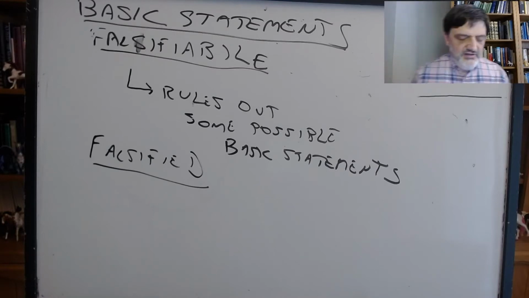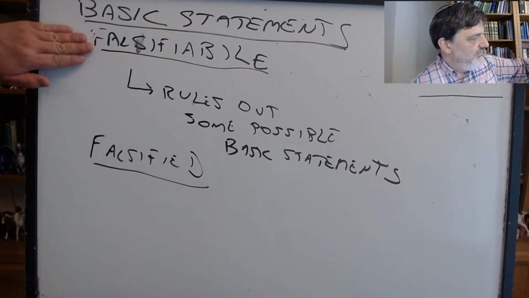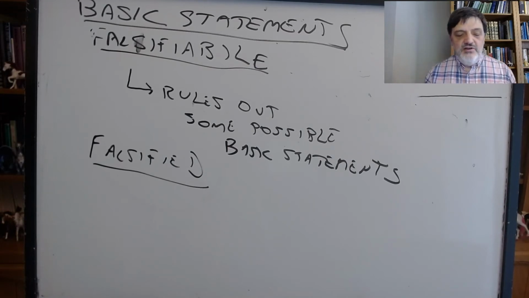All right. So we're going to use the possible basic statements to decide if a theory is falsifiable, but then we're going to use actual basic statements, to put it better, that have been accepted, to decide whether the theory is actually falsified.